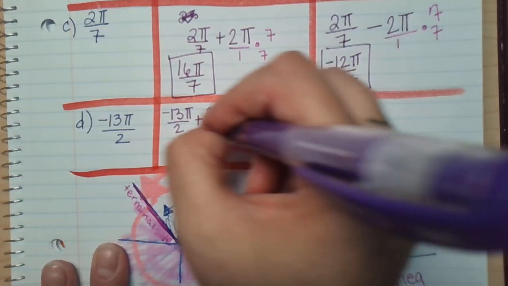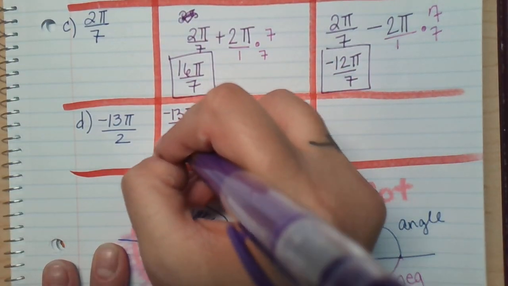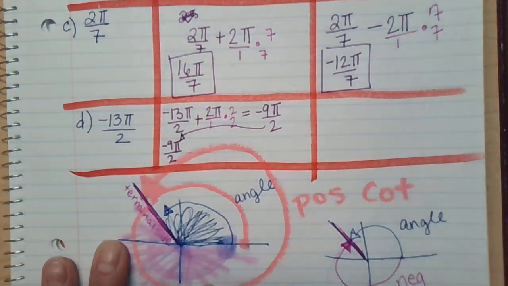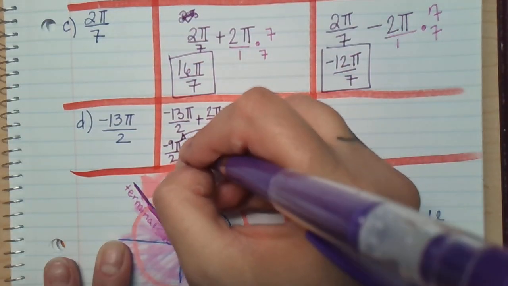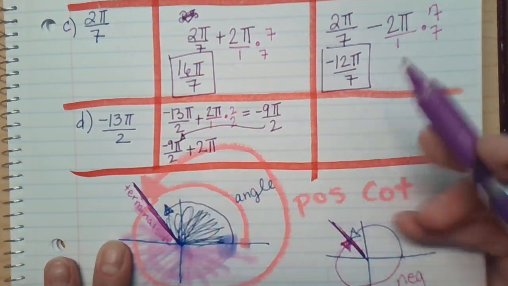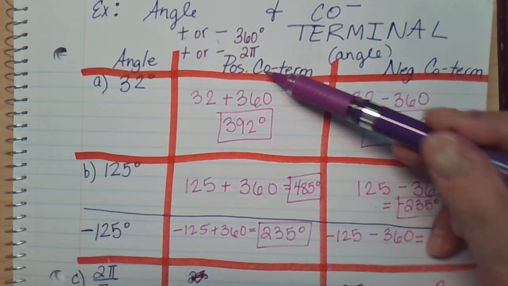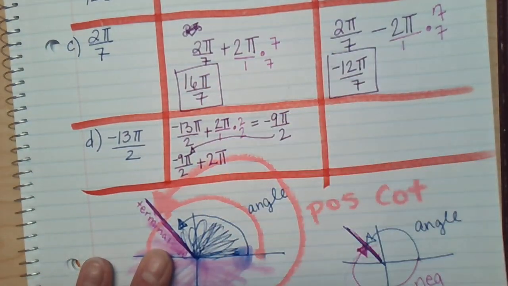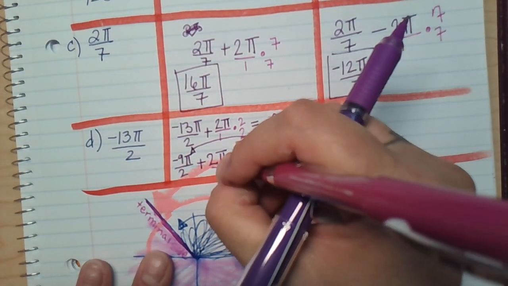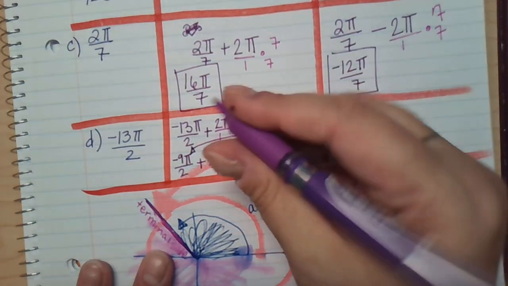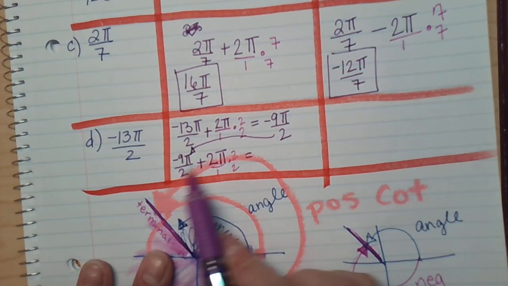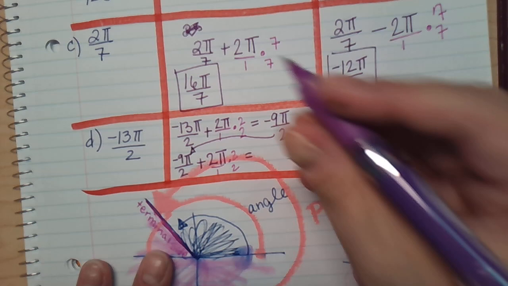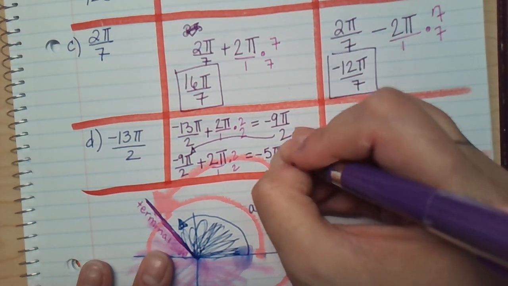So we're going to take that negative 9 pi over 2, and we're going to add another spiral because we want a positive coterminal angle. Okay. So we're going to add a spiral. And remember, we have to put my good friend 1 times 2 times 2. That makes, let's see here, -9 plus 4 is -5 pi over 2.